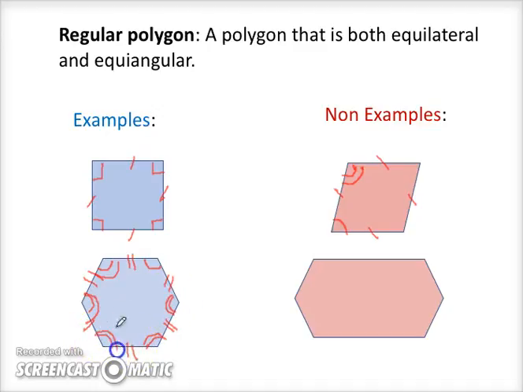But the non-example corresponding to this would be this figure, which does still have its angles all congruent to each other. But clearly its sides are not all congruent. This side is not congruent to this side, for example. So this makes this not a regular polygon.